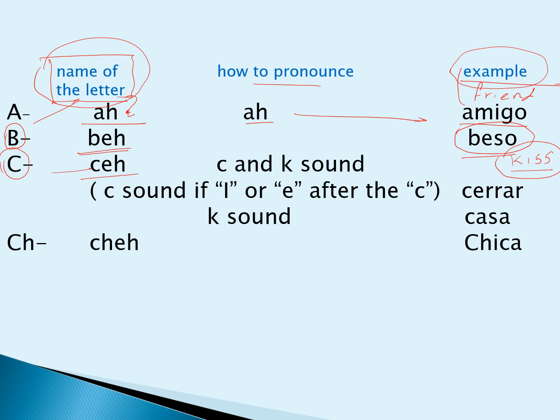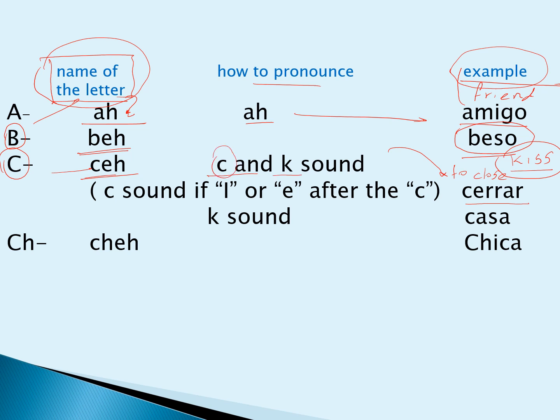Next letter. The name of the letter is say. How to pronounce? We will see the first example. Cerrar. Cerrar means to close. Here you can see it is pronounced as the C sound.